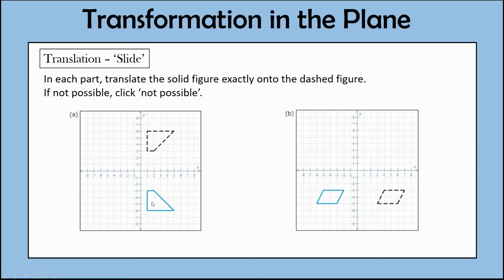Well, remember, this is a slide, so all of these points get moved the same. If I was to take these points and try to slide them up here, it's not going to match this shape, because we have to move the vertices the exact same way every time. So this shape isn't going to turn or anything. We're just going to slide it up here. So this one's not possible.